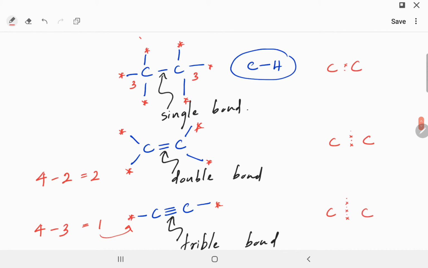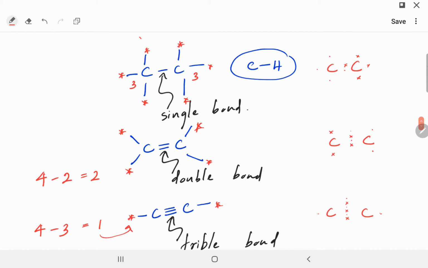So in the single bond, each carbon shared 1 electron, so it should have 3 other electrons. In the double bond, each carbon shared 2, so they should have 2 other electrons. And in the triple bond, you shared 3 electrons out of the 4, so you should have 1 other electron on you. Okay, all right, so these are the methods that carbon will use to bond to different carbon atoms.